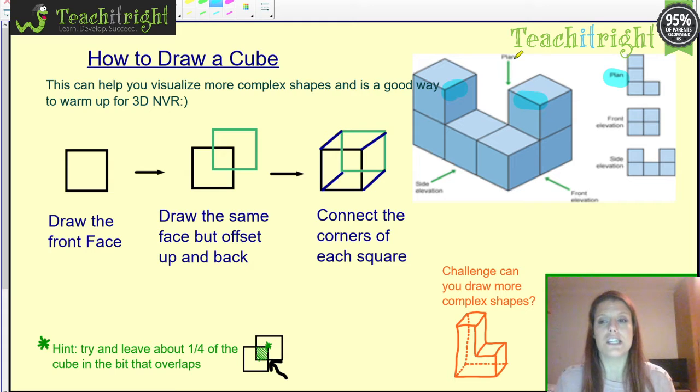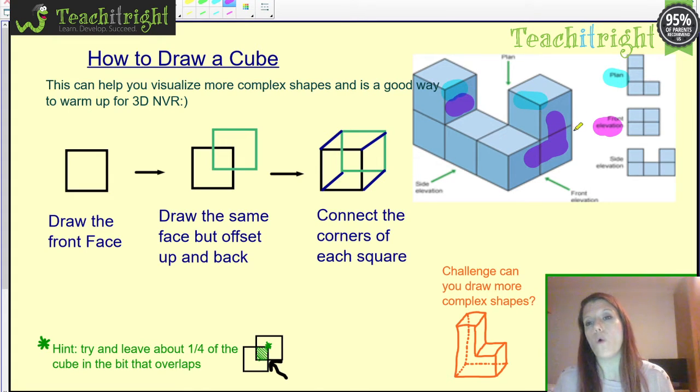If you were asked to see the front elevation, you'll see there you've got 4 squares together. And that's because, actually I'm going to highlight that in a different colour. Front elevation, there we go. That's because you would see, if you were looking at it from this angle, these 4 cubes.